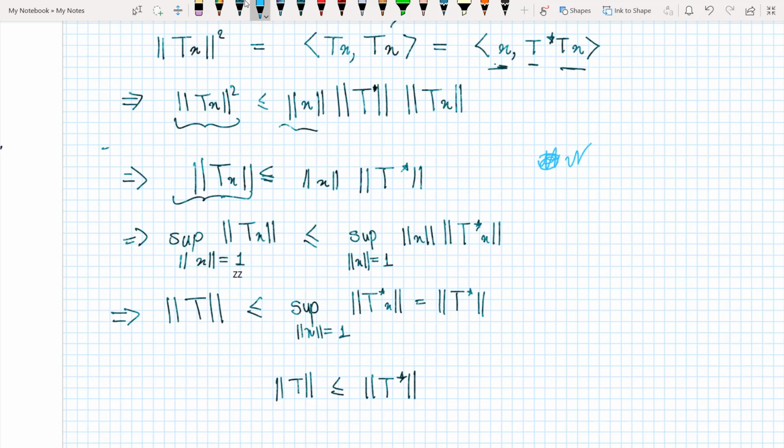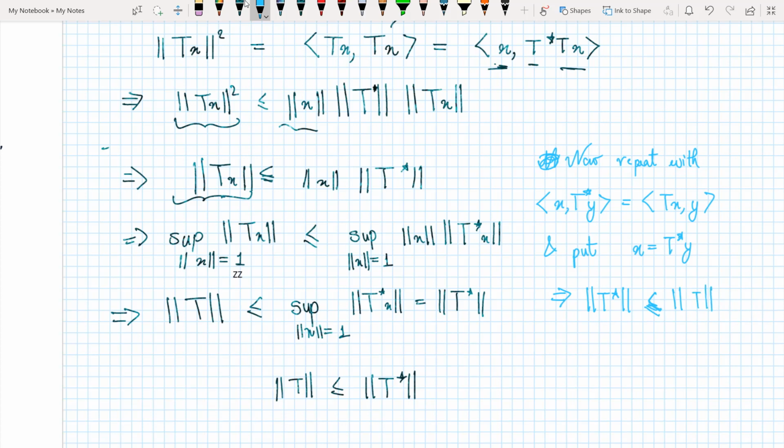Now what I need to do is repeat with the inner product of x and T star y, and write it as the inner product of Tx, y, and put x equal to T star y, which would give me the norm of T star is less than or equal to the norm of T, and hence proved.